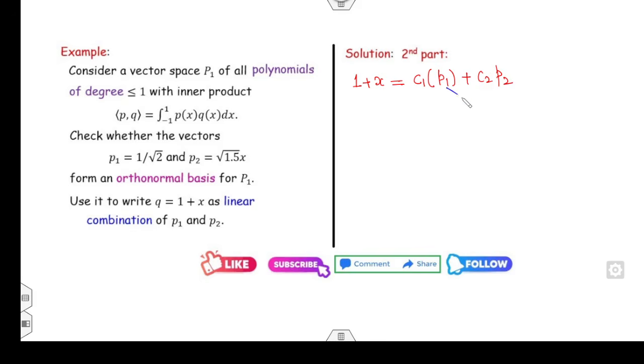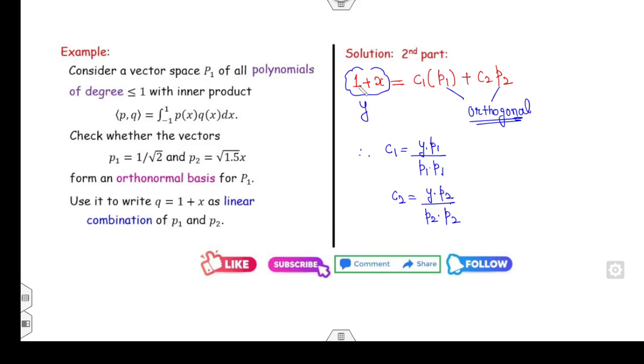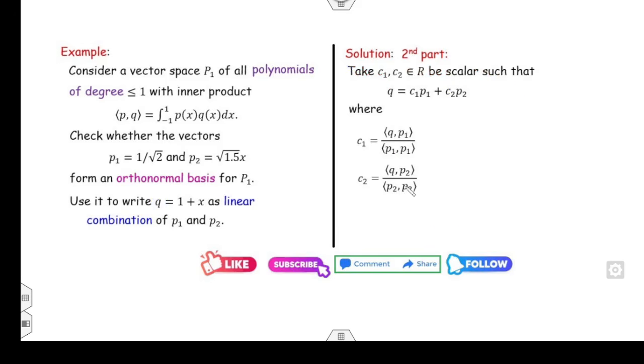Because we already proved that P1 and P2 are orthogonal, I can write the value of C1 as y dot P1 divided by P1 dot P1, and C2 will be y dot P2 divided by P2 dot P2, where 1 plus x is called the y. Here instead of y they call it q, so it is q dot P1, q dot P2.